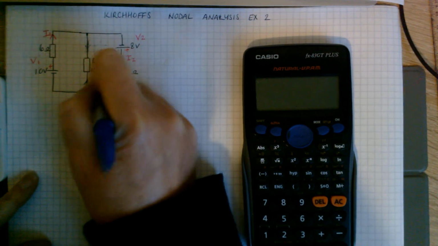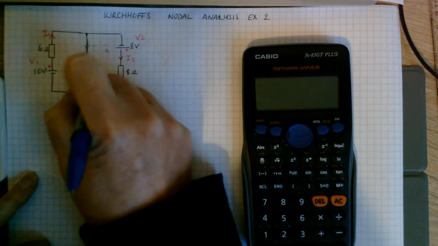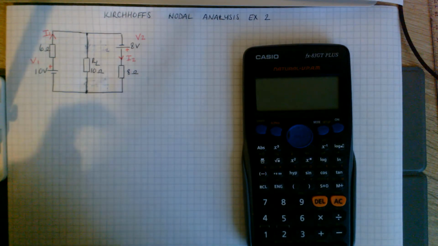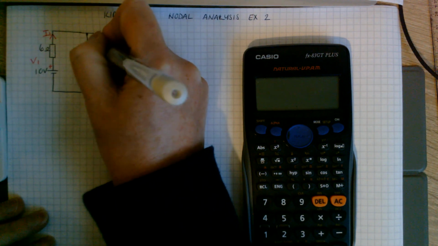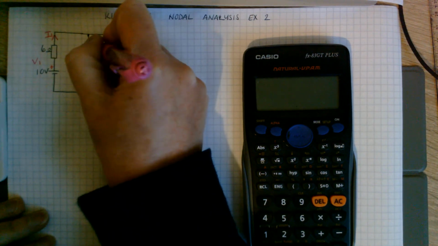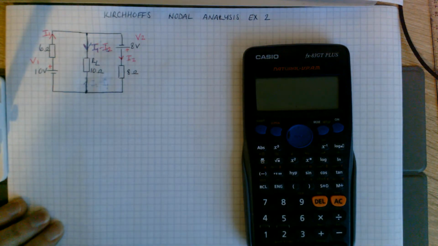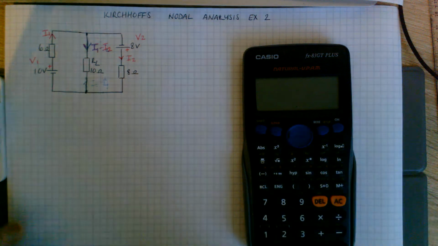So for no reason other than the supply V1 is bigger than the supply V2, I'm going to guess that my overall direction down here is in the I1 direction and that it's I1 minus I2. That's what I'm guessing. So that's me dealt with the Kirchhoff's current law part of it.